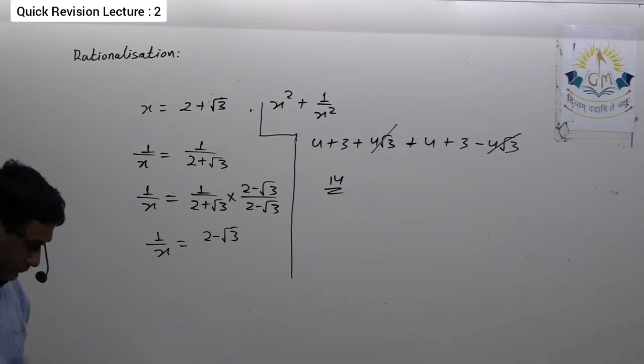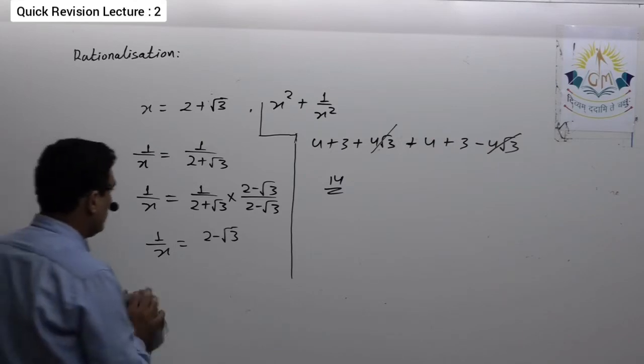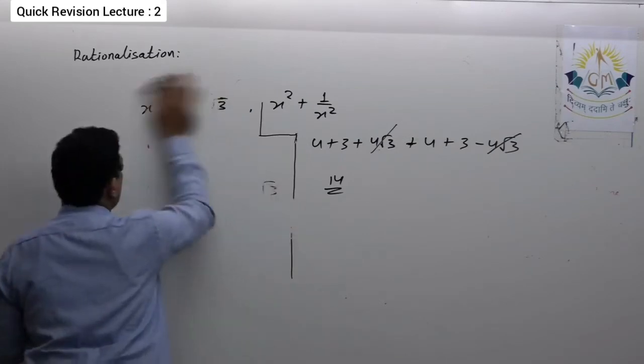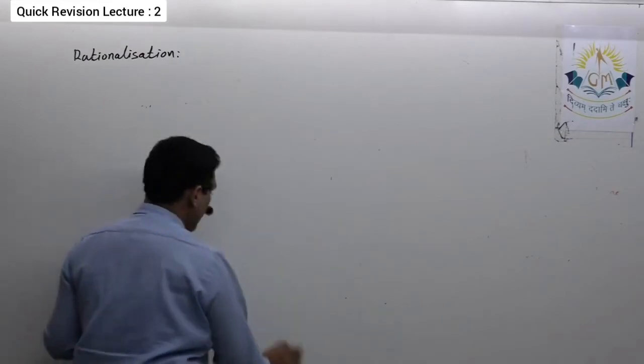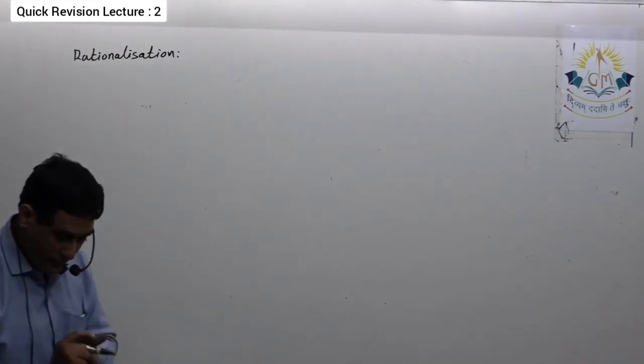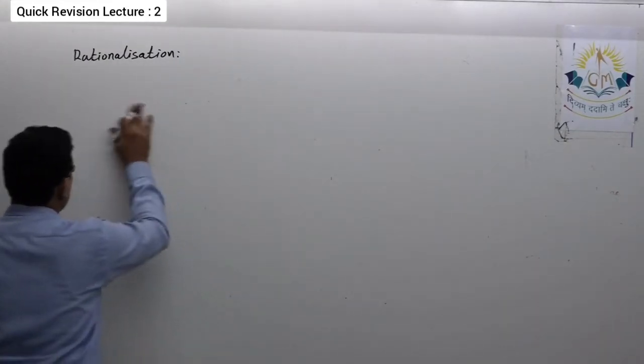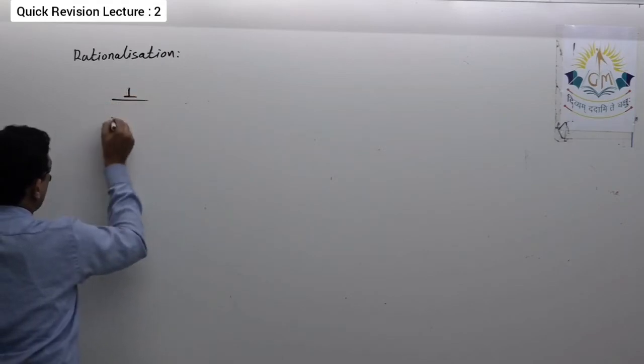Now, yes, a very general question. There is one more question. Let us see that question. Definitely when you solve it in a complete way it will take time, but otherwise it is not taking that much time. The question is that you have to simplify.